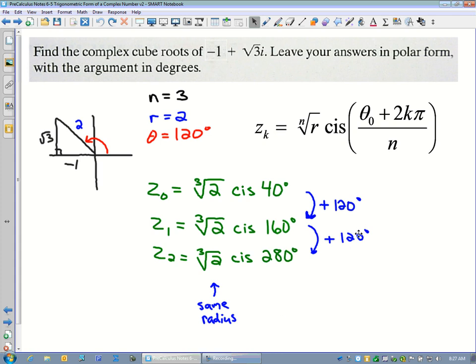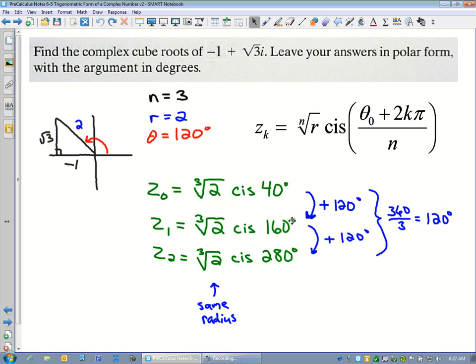And again, the reason these are 120 degrees is because you think of this as the full circle, 360 degrees. Remember, 2 pi is 360 degrees. If we divide that by n, that's 120 degrees. And then you're going to multiply that 120 by 0. Then you can multiply that 120 by 1. And you can multiply that 120 by 2.